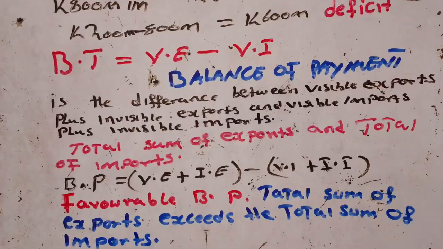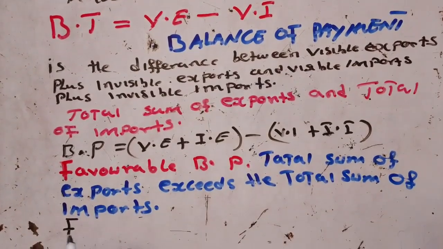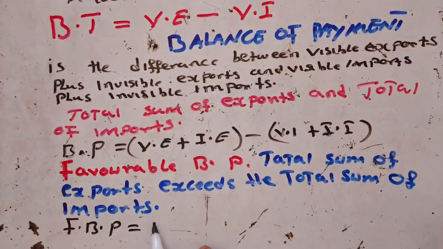Okay, so we can also write this as a formula. Favorable balance of payment is when the total exports exceed, are greater than, the total imports.